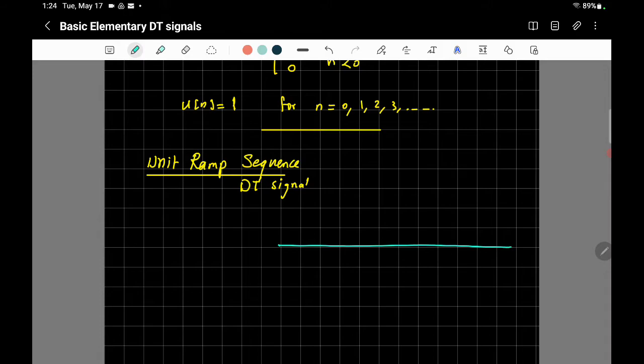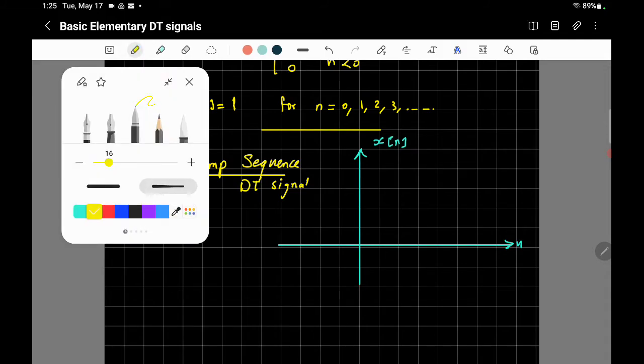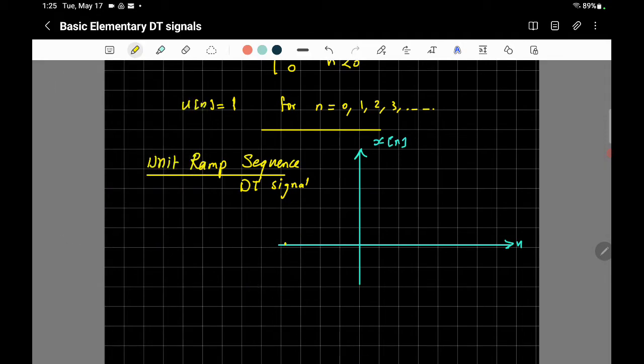The discrete ramp, that's n, and that's the vertical axis, x of n. To do the representation, it will be equal to 0 from negative infinity, 0, 0, 0, 0, and here 0 when n is equal to 0.